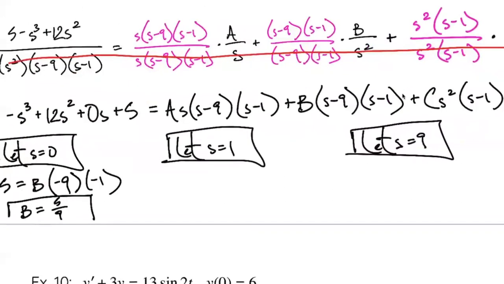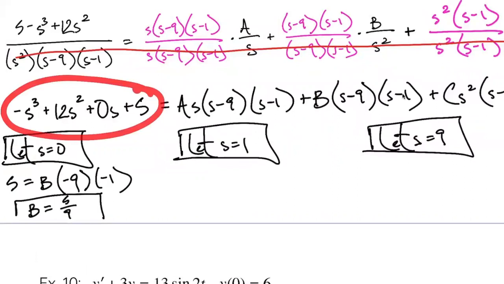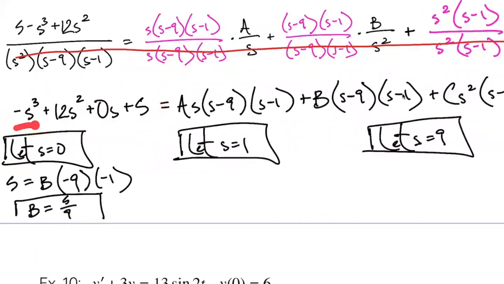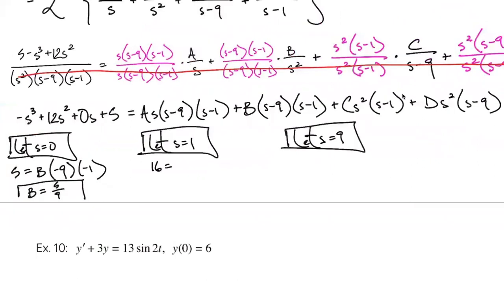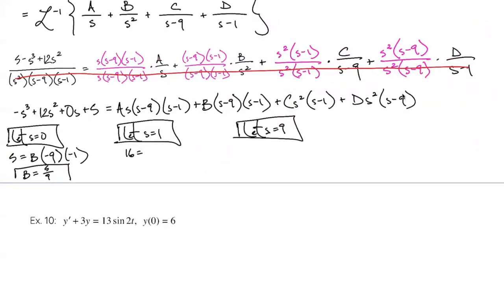So on the left-hand side, we plug in 1. We're gonna get -1 plus 12 plus 5, that will end up giving us 16. So we plug in 1 everywhere on the left-hand side, we'll get a 16. And let's see what goes away on the right-hand side.